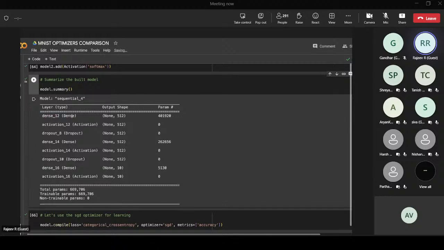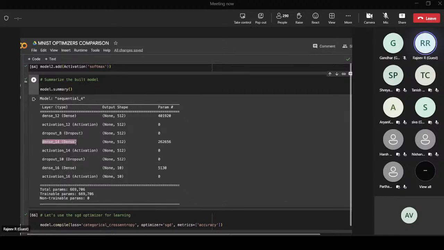Layer one is basically my input layer, and I have used ReLU activation for it. Dropout has been explained in previous sessions or is going to be explained by my friend Gandhar in the next session. Dropout basically means you drop a few neurons in the neural network so as to improve computational efficiency.